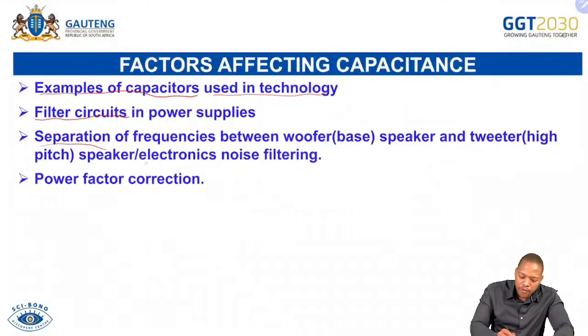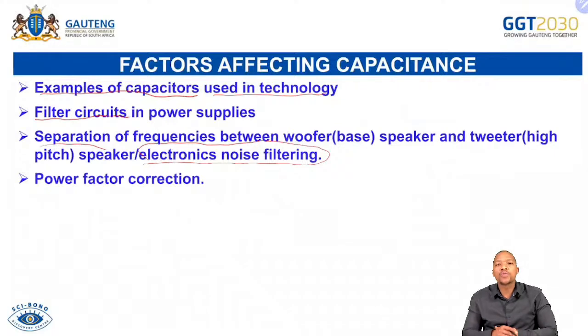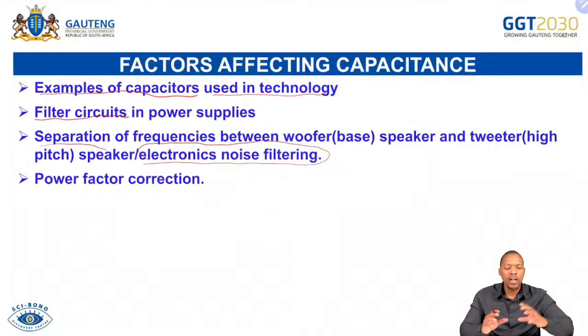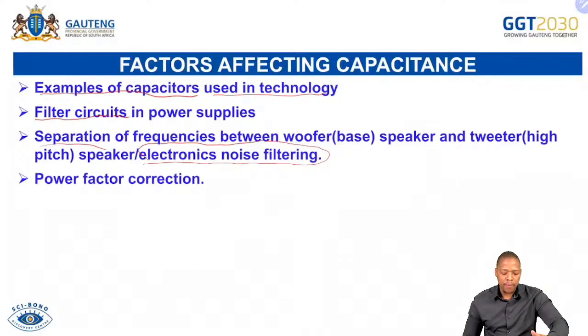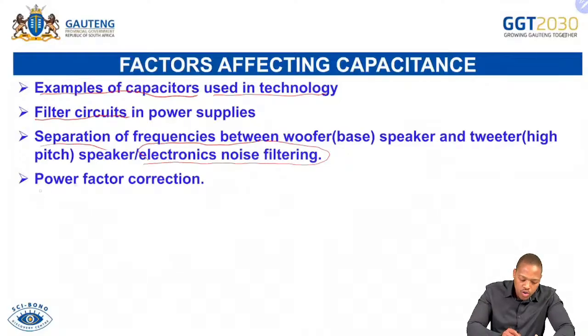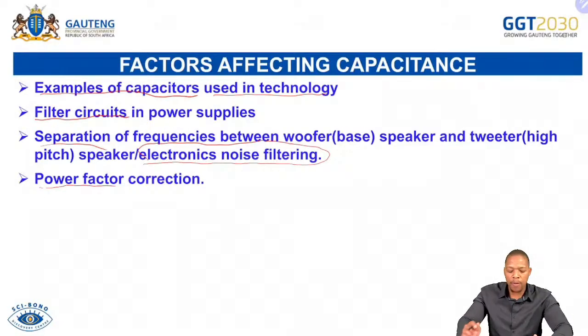So they actually filter electronic noise. You can just say electronic noise filtering. They are used for electronic noise filtering. So instead of saying they separate the frequencies between a bass and a tweeter, you can say they are used in electronic noise filtering. They can also be used for power factor correction.